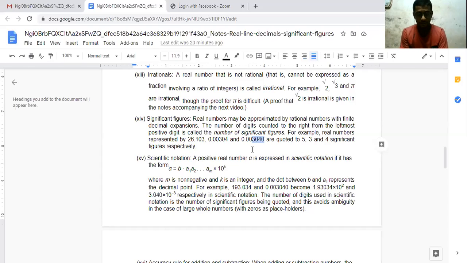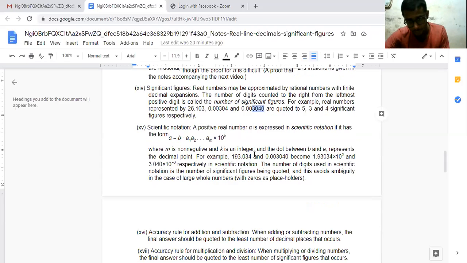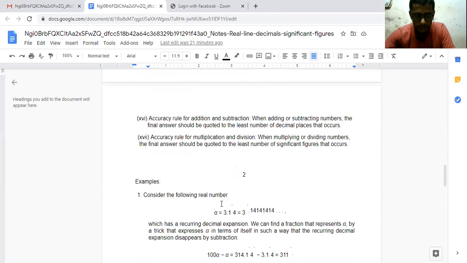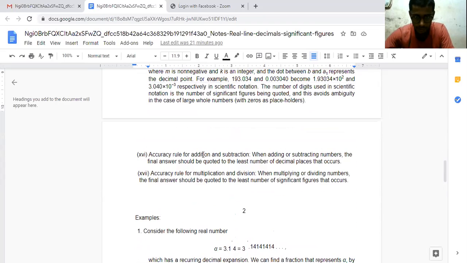Now I pretty much know what a significant figure is and how to answer those questions, which don't come in NEET, but could be asked in JEE Mains or JEE Advanced, where you have decimal point answers and stuff like that. Here is the accuracy rule for addition and subtraction.